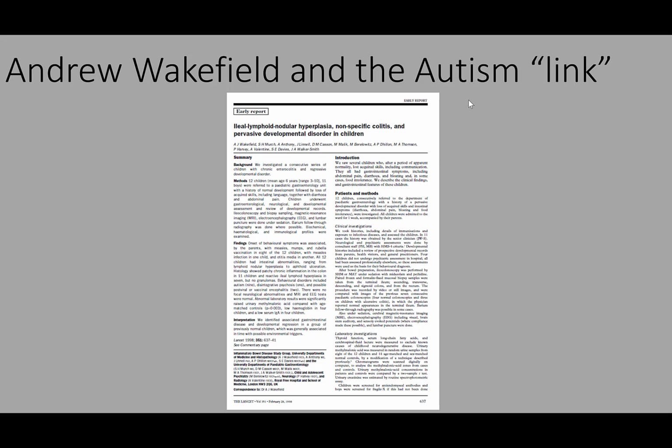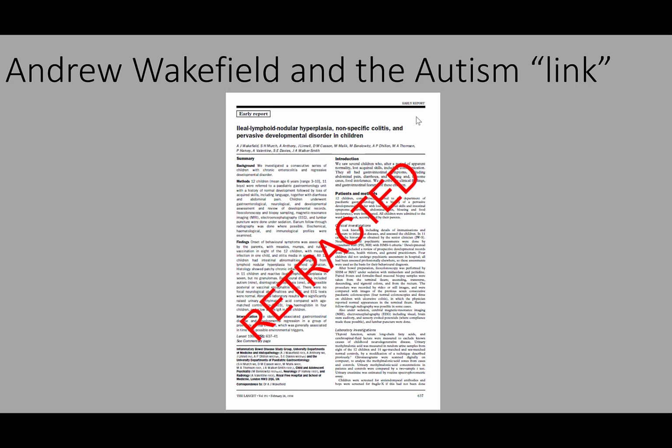And of course, when that shows up in the Lancet, a very prestigious medical journal, a very prestigious medical journal shows that this man demonstrated a link between vaccines and autism. That is pretty scary because everyone was getting vaccines. But if you look up the article now, this is what you find.